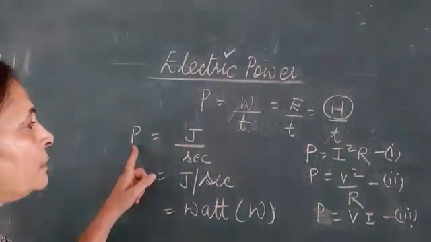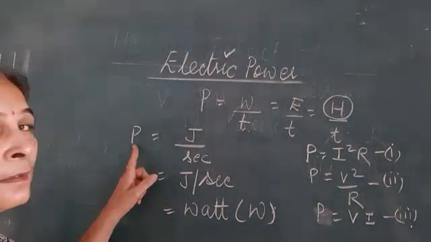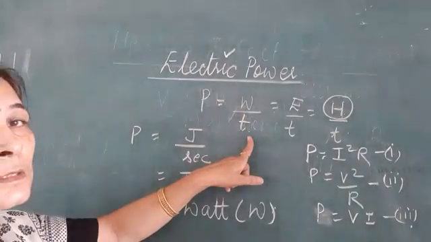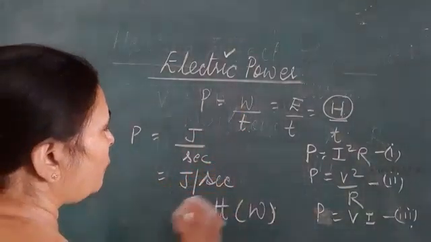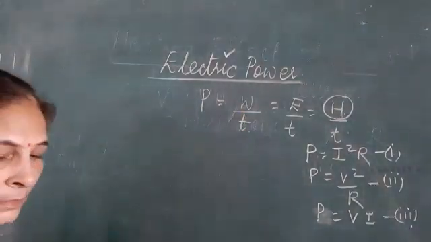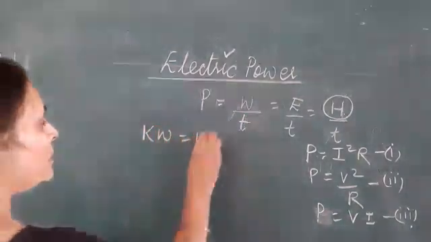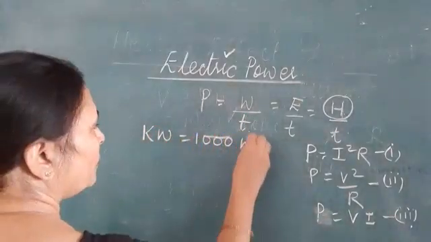It is the power consumed when 1 joule of work is done in 1 second. A bigger unit of watt is also being used, that is kilowatt, and kilowatt is equal to 1000 watt.